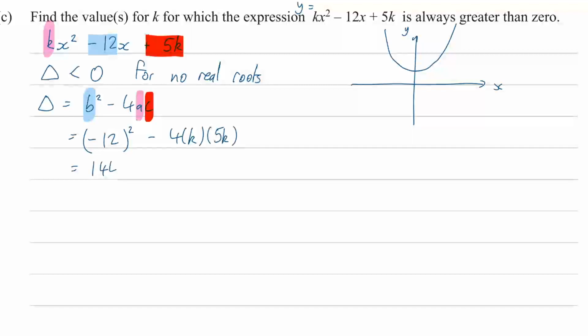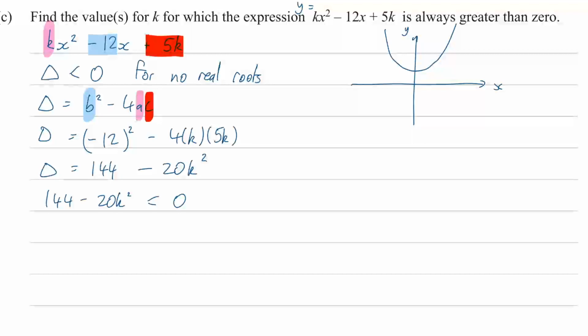Simplifying that, 144 minus 20k squared. Well, that's our discriminant, full stop. Now, for there to be no real roots, the discriminant must be less than 0.